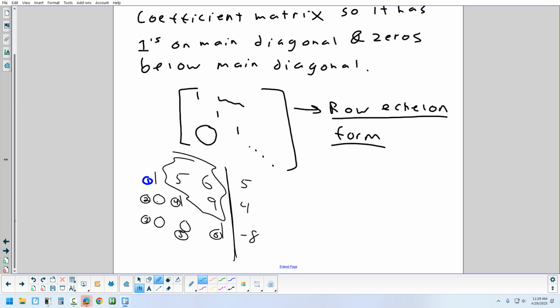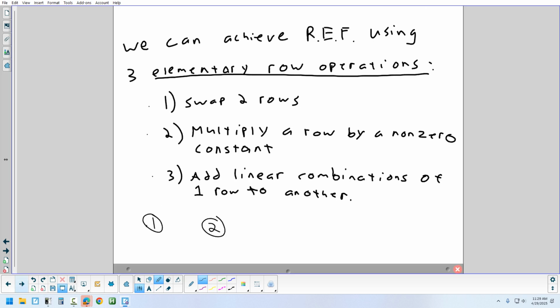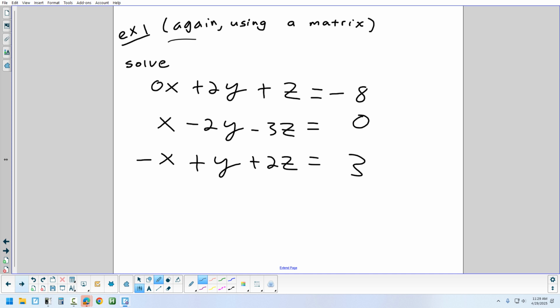Row 1, column 1. That is the first thing that you want to work with. And the goal is to turn that into a what? You want to turn it into a 1. If I write down my matrix just the way it is here, what would the number in the upper left be? It would be a 0. That's not what I want.